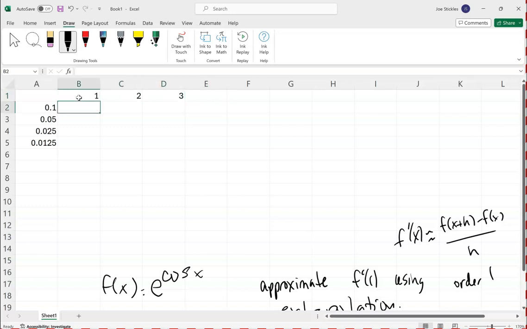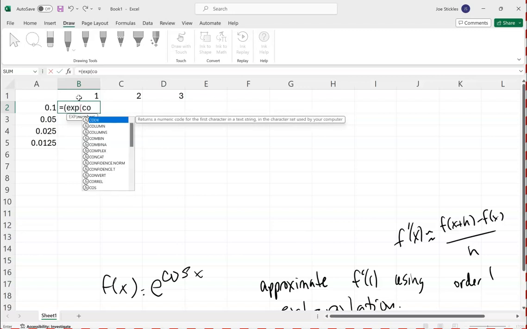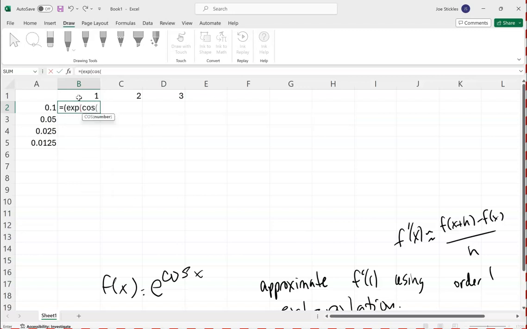All right. For your first column here, we're literally just going to plug in x plus h and x over h. Our x value is 1, and those are the h values on the right. Okay. So in the first one here, we have e to the cosine of, what goes on the inside here? 1 plus the 0.1, because it's x plus h, right?